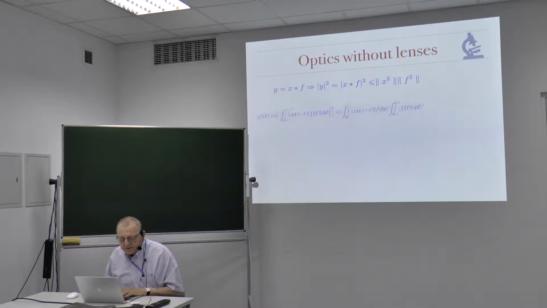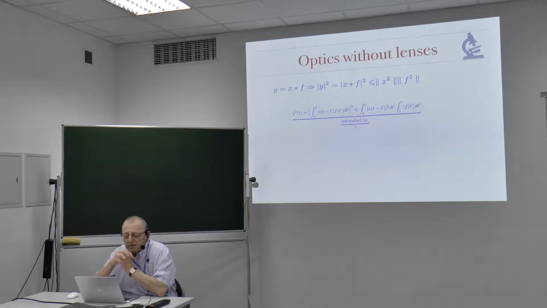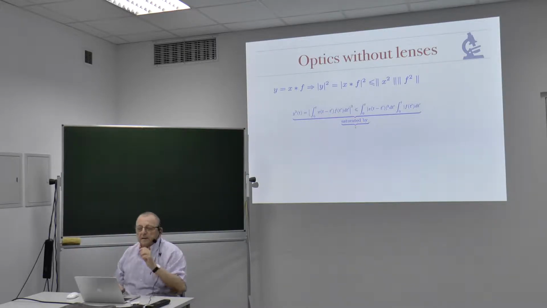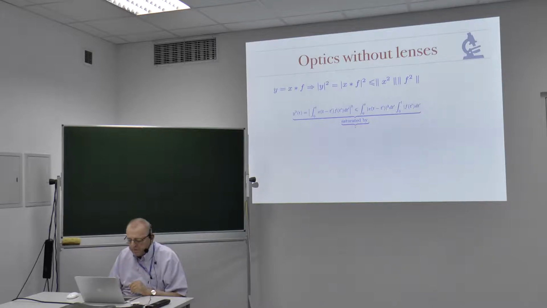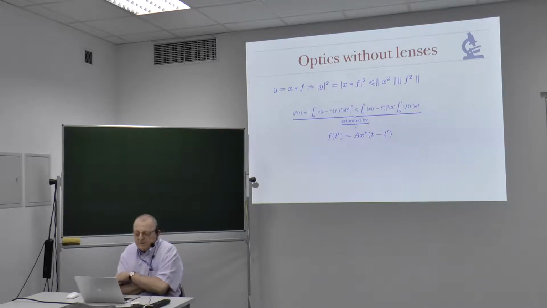So this is a certain inequality, and that inequality can be saturated, achieve its largest possible value, if the amplitude... there is a square missing. There is still a mistake there. There's a square missing. I'm sorry.